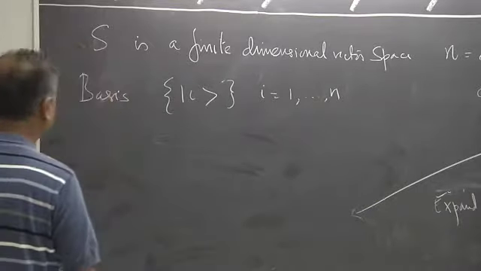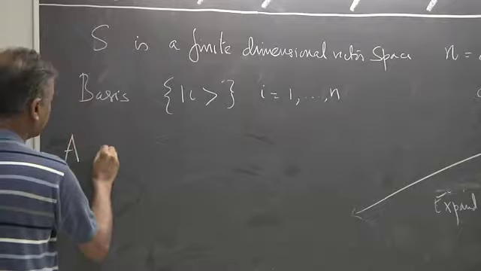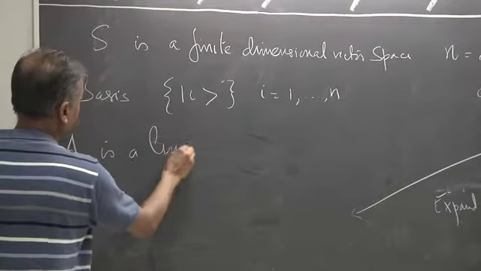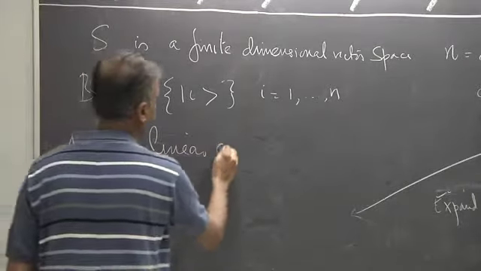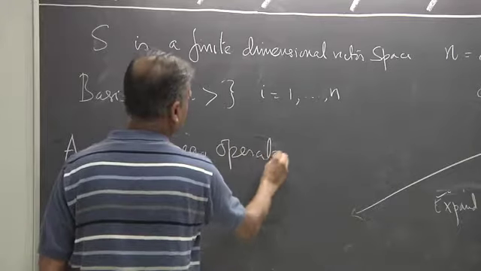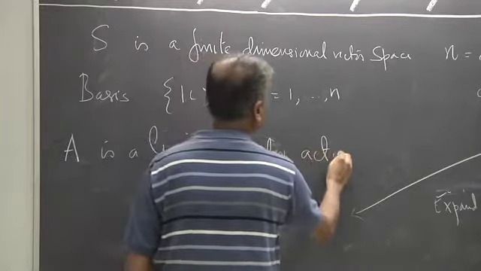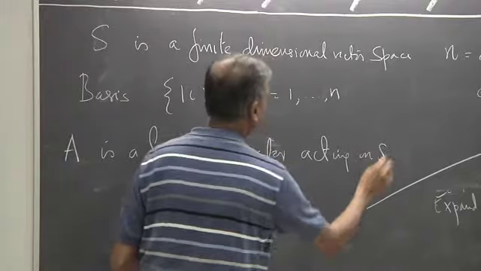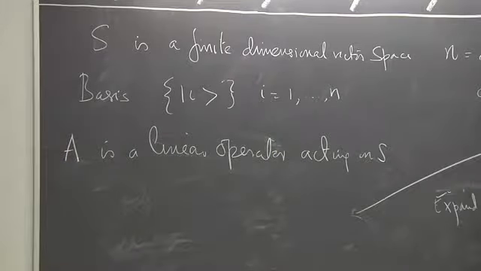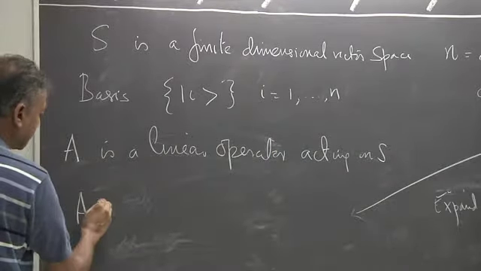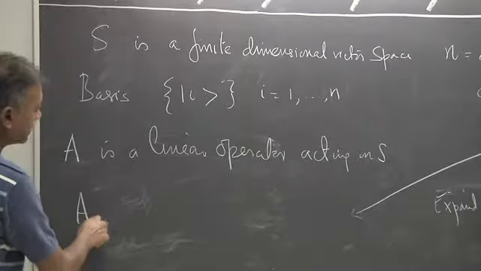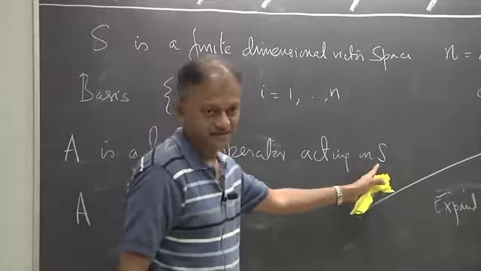Okay, first of all, let's see. Say A is a linear operator acting on S. So now A acting on any vector will again be an element of S, right?